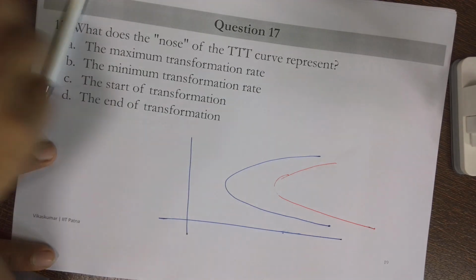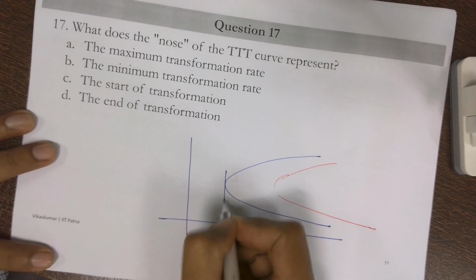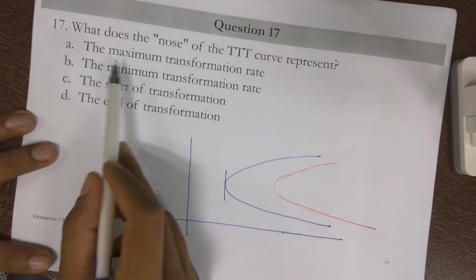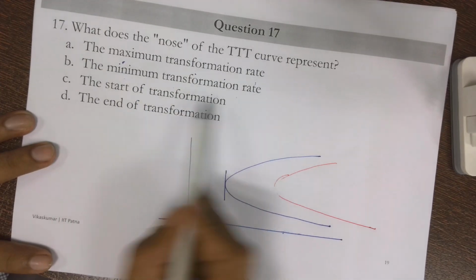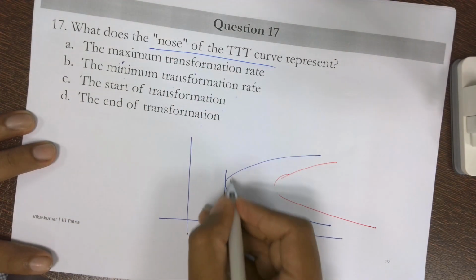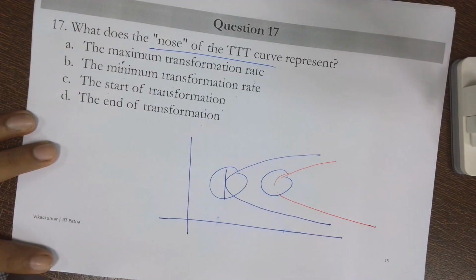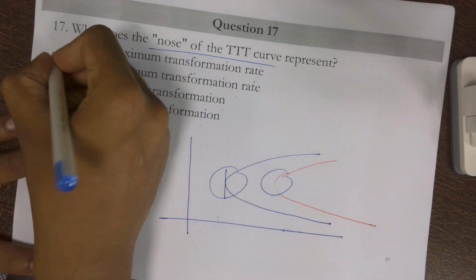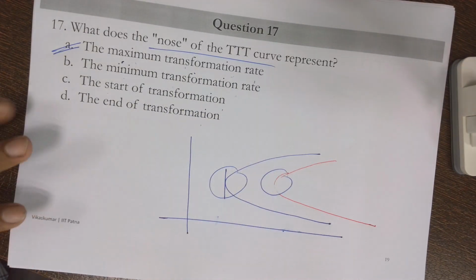Okay, so at this, option A, maximum transformation rate, minimum transformation rate, start of the transformation, the end of the transformation. The nose, very good. Option A, the maximum transformation rate.